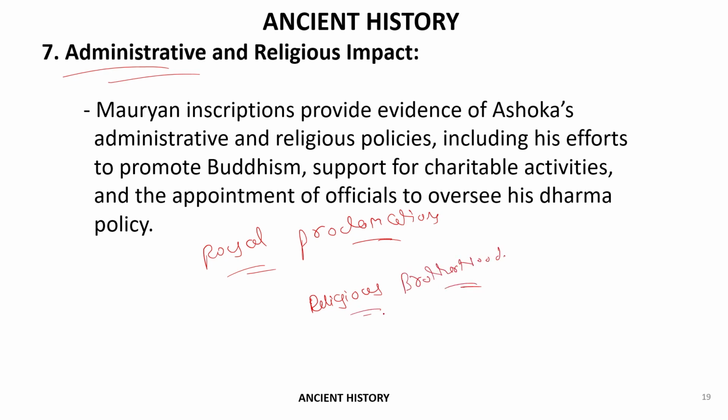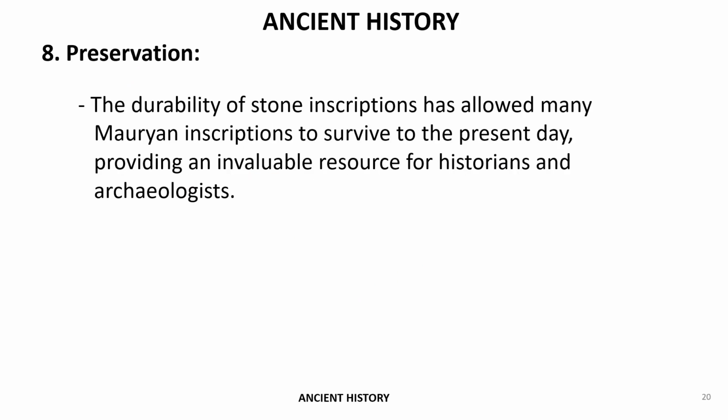Okay. Then also including his efforts to promote Buddhism, also support charitable activities and the appointment of officials to oversee his dharma policy. So all these things were mentioned on these inscriptions. Got it? Now let's move forward.